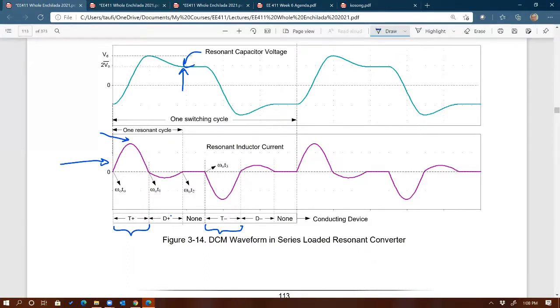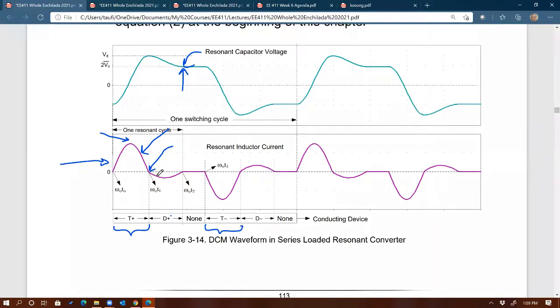Exactly. Very good, Cody. So you can see that current naturally goes to zero, and we are turning off the switch at zero current right there. Remember, this hump right there is the same as the switch current. So the switch current goes up and then it goes down, and when it goes to zero, naturally current moves to the diode, naturally turning off the switch.